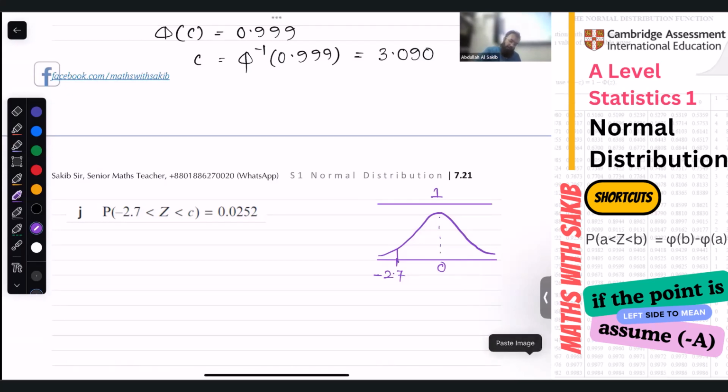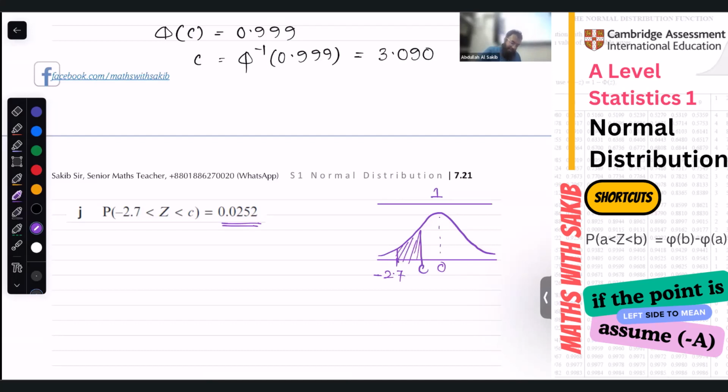Okay, so because we start moving from minus 2.7, and because the area is 2.52%, this will be C. Clear? And it is on the left side of the mean.